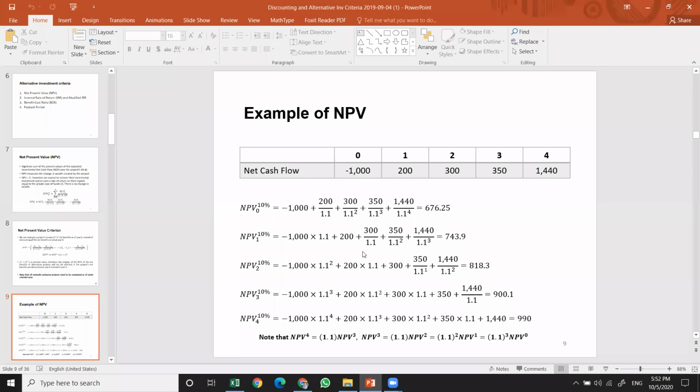So 1000 bring it here, 200 bring it here, and 350 discounted, 1440 discounted.